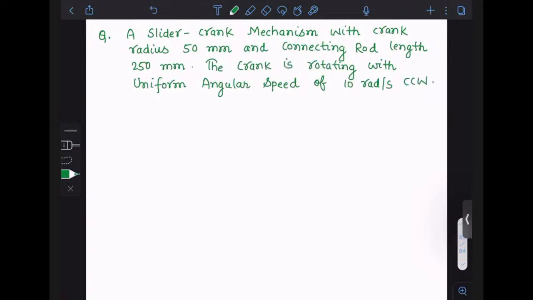What is the speed and acceleration of the slider? Clear, everyone?